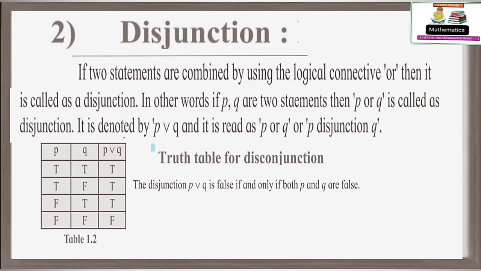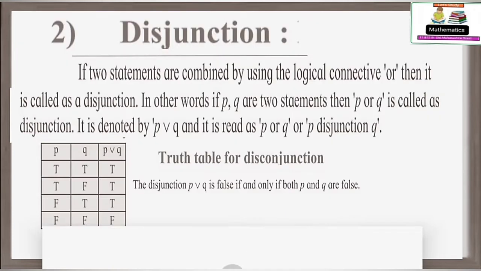Here, the truth table for disjunction: remember the sequence. In the P column, first T T, then F F. In the Q column, the truth values are T F T F. Then P disjunction Q: if both are true, then P disjunction Q is true.